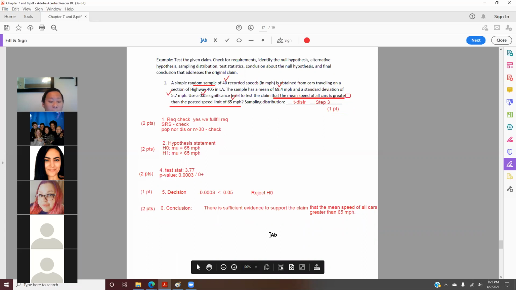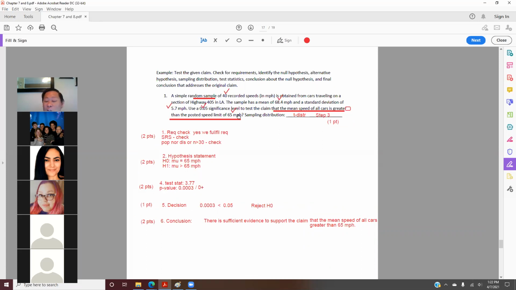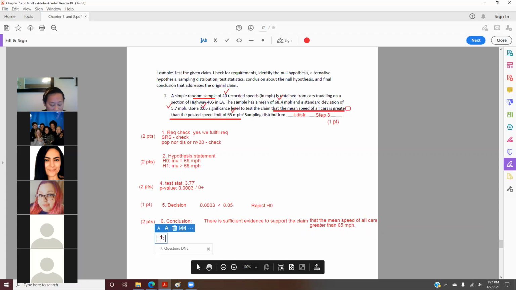Since this question did not ask us a special question, this is it. Sometimes they ask something else, and then you will have step 7. This step 7 can be skipped here because this question doesn't ask for it.